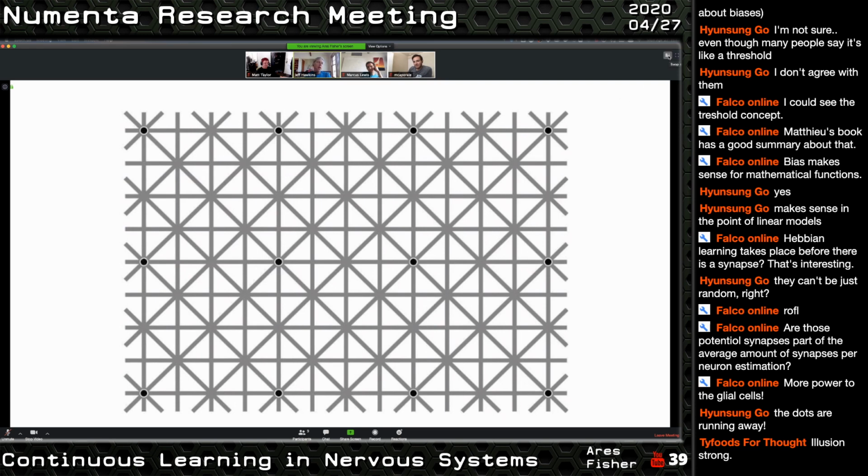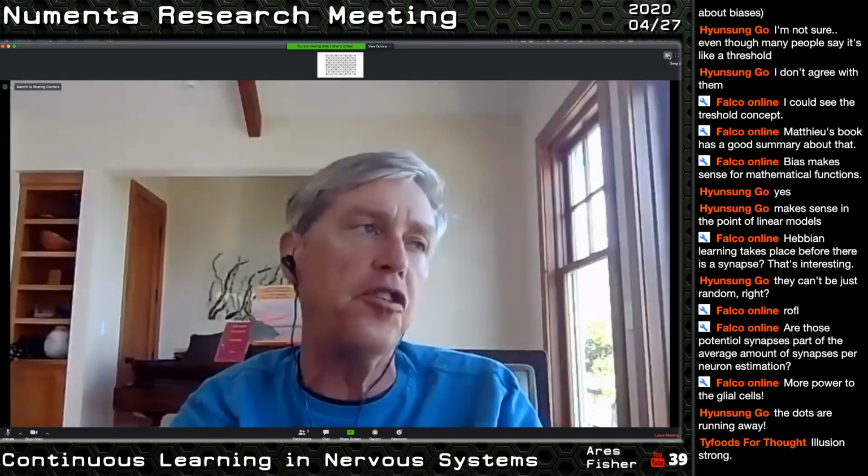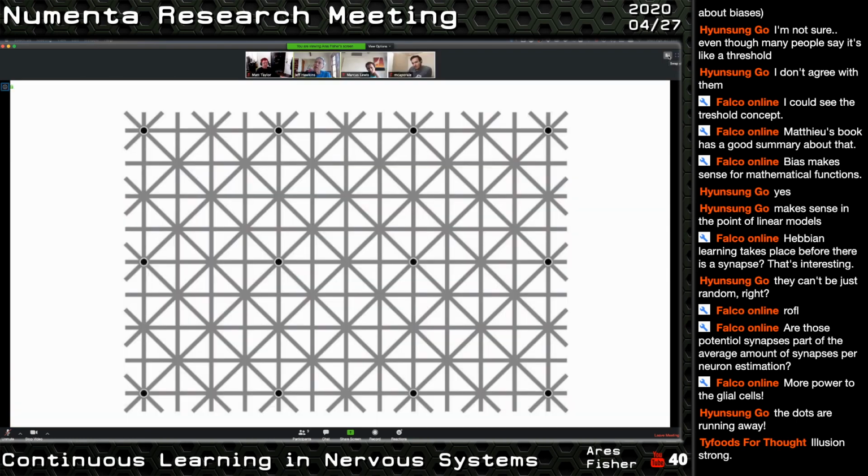You could call it filling in, but I don't think that's the right way to word it. The peripheral vision is dominated by these big structures, the big lines, and seeing the individual dots requires a fairly high resolution.